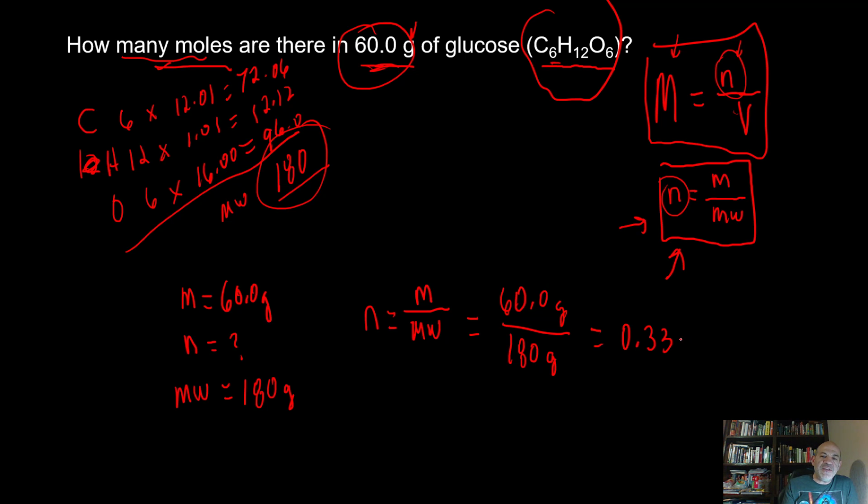And so the molecular weight is actually going to be shifted. You get the molecular weight and then you plug in the molar mass. The molar mass would be grams per mole, and those cancel and you get units of moles here. You're looking for moles, so the unit should be moles.